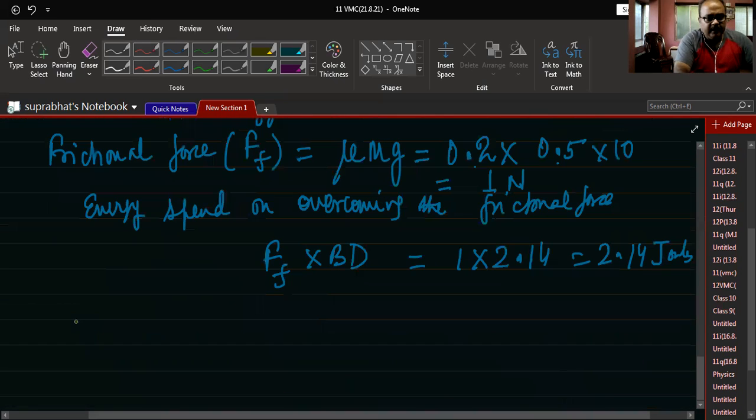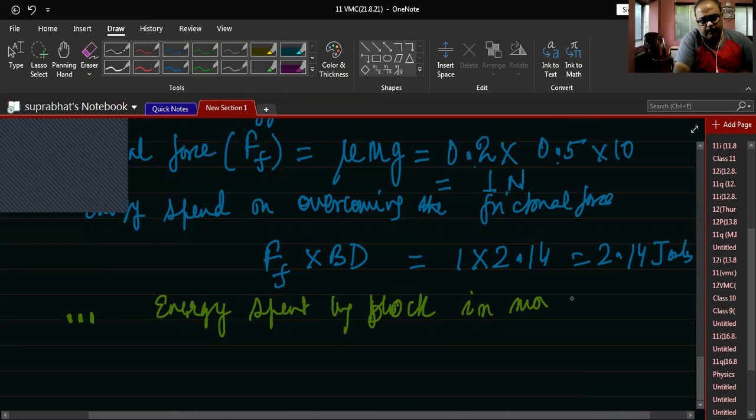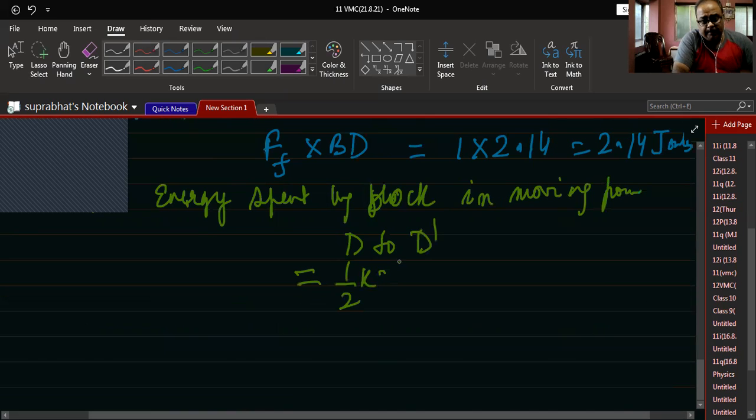So let me move into the last step. The third part: the energy spent by the block in moving from D to D dash will be equal to the energy of compressing the spring, half kx square, plus the frictional force into x.